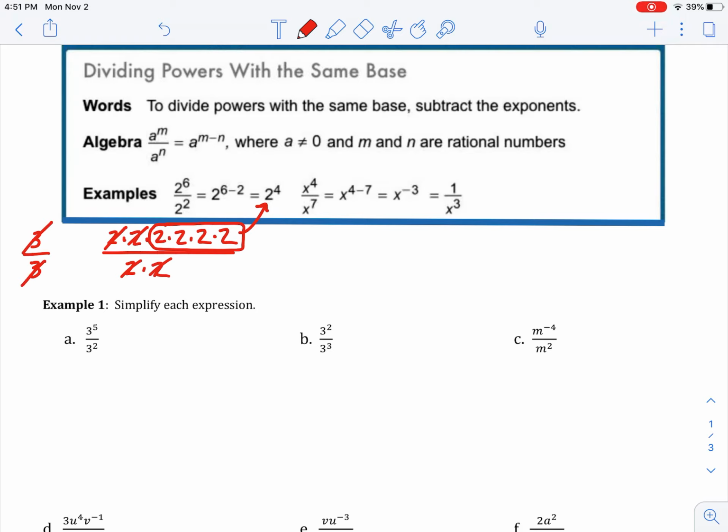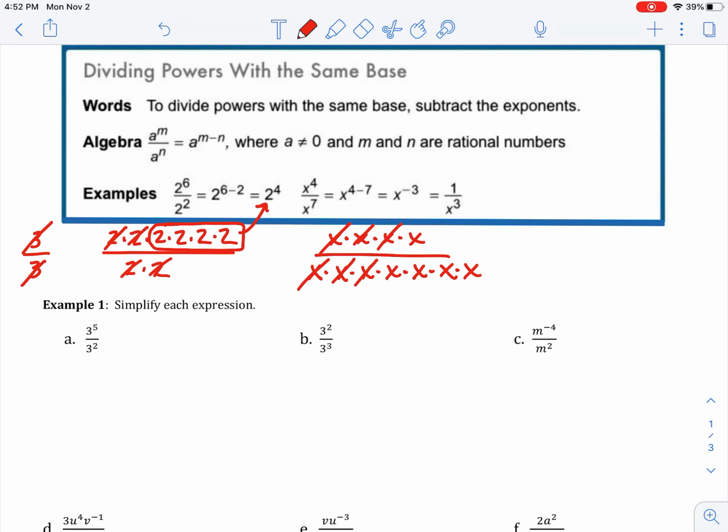Even if the exponent's bigger on the bottom, let's expand the one with variables out. If we had 4 x's on the top and we had 7 x's on the bottom, let me take a minute to write those. Hopefully I counted right there. Yep, 7. The 4 on the top would be able to cancel one by one with the ones on the bottom.